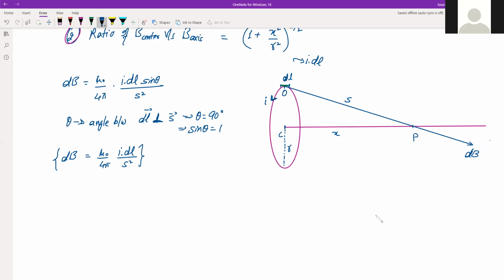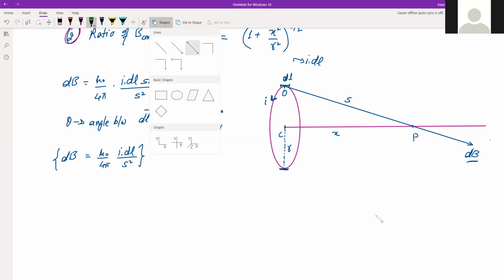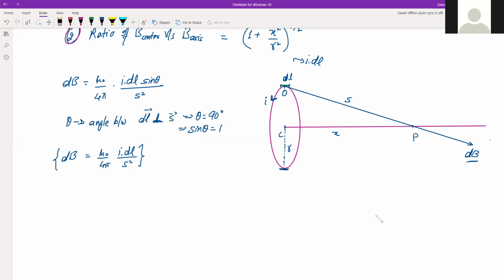So that is the dB direction, and this is the magnitude, and this dB is due to one very small current element I dl, which is right now at the top. If we take a current element at the bottom, that is the symmetrically opposite point, the same current element, then again you will have a small magnetic field, and that will be in this direction.